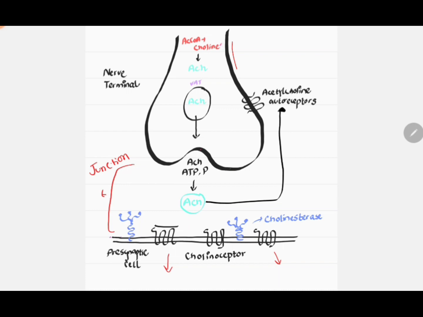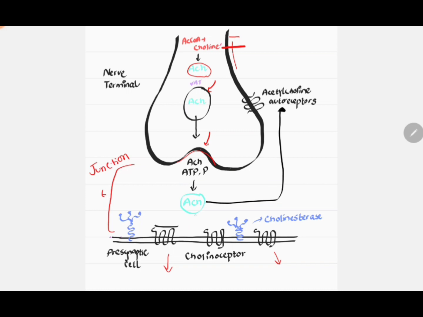Here we have acetyl coenzyme A and a molecule called choline. Both of these combine to form acetylcholine, which is the neurotransmitter of the parasympathetic nervous system. This acetylcholine is transported into a vesicle, and from this vesicle it goes outside the cell by fusing with the membrane and is then released into the junction.